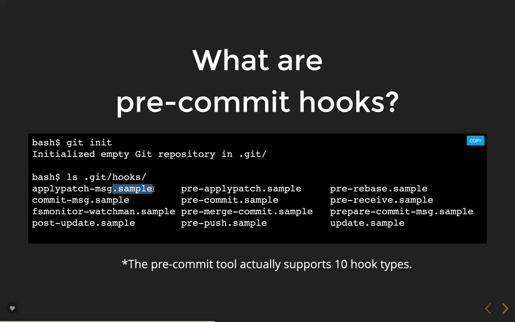These are all sample hooks in Git's pre-organized hook system that you can use if you want to. The one that's most popular out there is the pre-commit hook. And this is a script. Could be a bash script, could be a Python script, whatever kind of executable you want that'll execute in the environment on the operating system you're using. It is a script that will run right after you type the git commit command on your computer, and before it actually saves the commit in your Git history, you know, with a hash and everything.